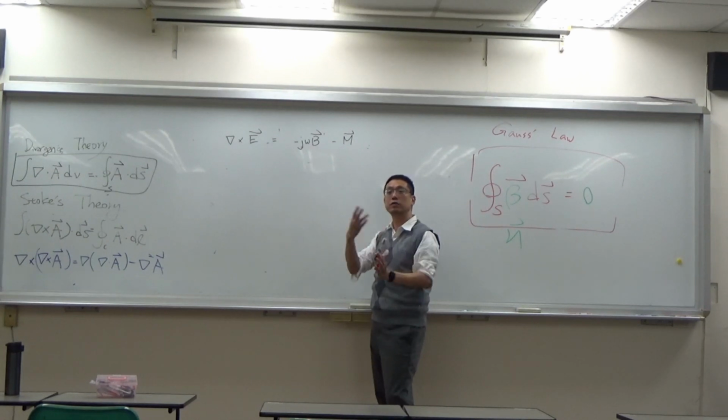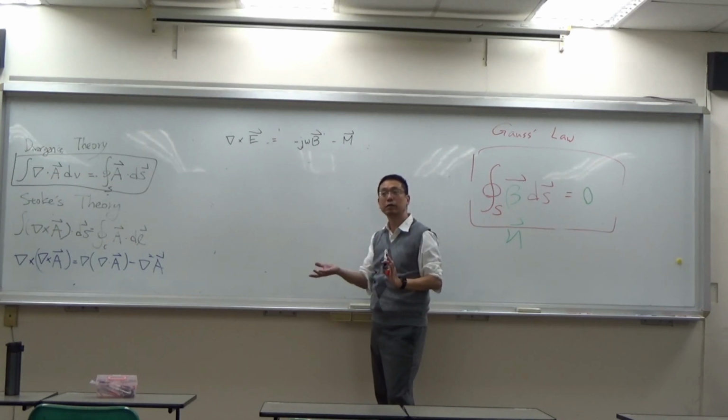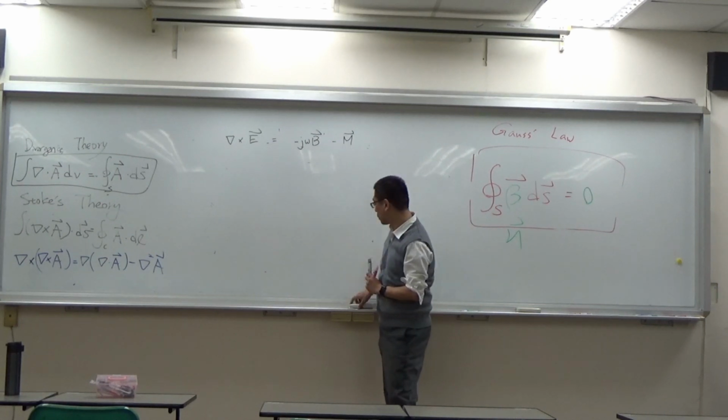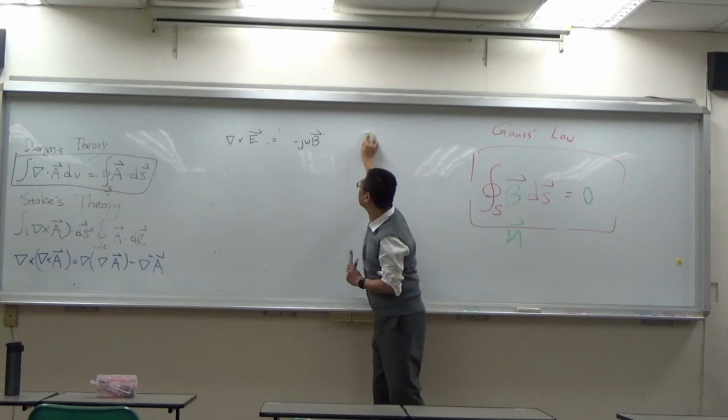If this is sourceless, which one is 0? M. M. This is the source, right? So, okay, we simplify.